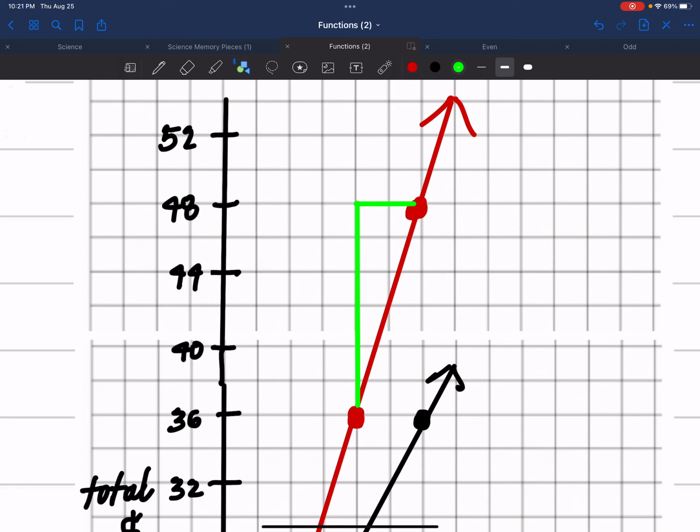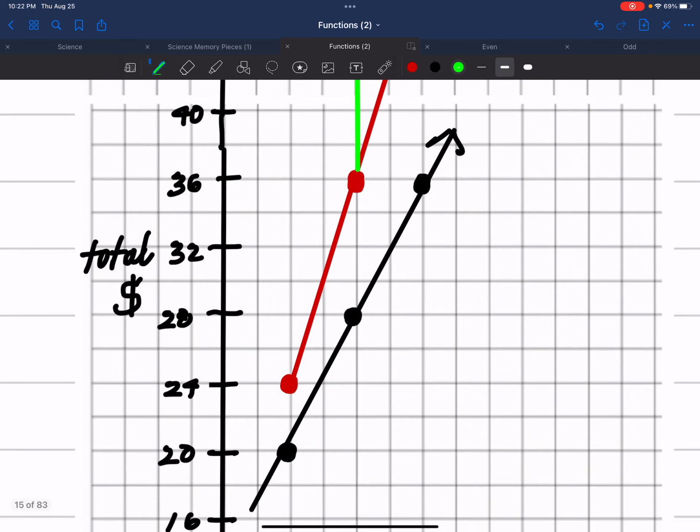So 48 minus 36, this is going to be $12, and this is going to be 1 day. Remember, the days are covering 2 boxes. So the slope on this one is 12 over 1. Slope for the dogs. And that makes sense because it's $12 a day. $12 for 1 day. So the slope here is 12.